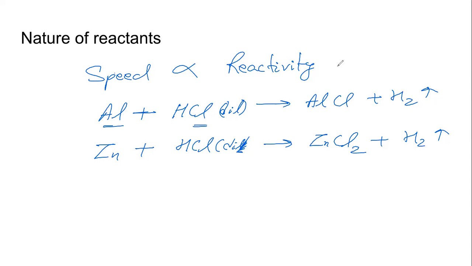Do you remember the valency of aluminium? It is 3. So to balance the second equation, all we have to do is put a 2 here. Now it is balanced.